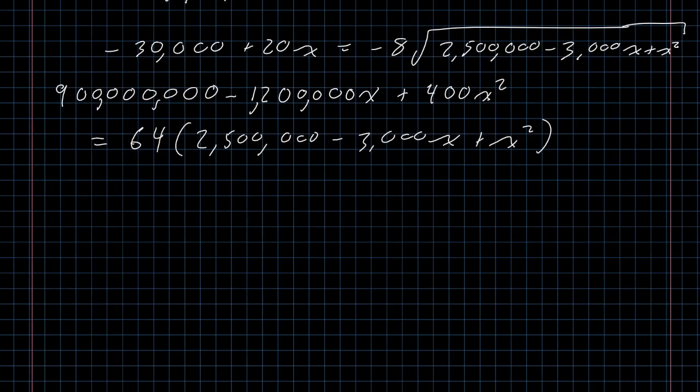Distribute that. So we have 160 million minus 192,000 times x plus 64 times x squared.